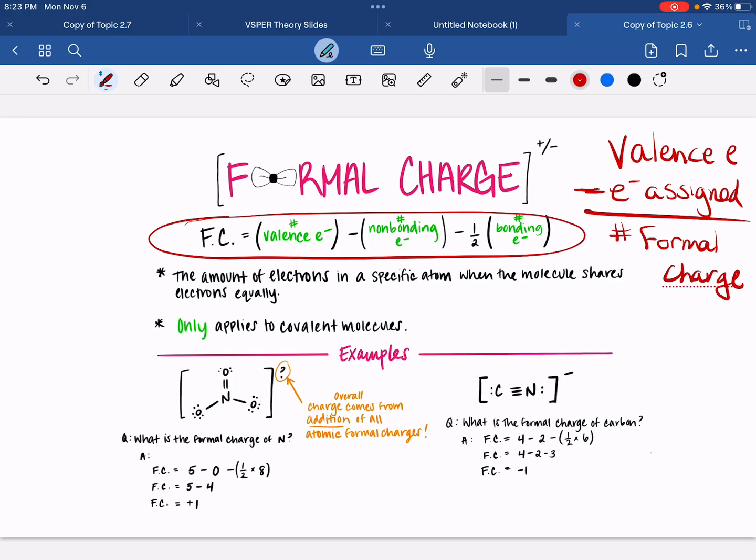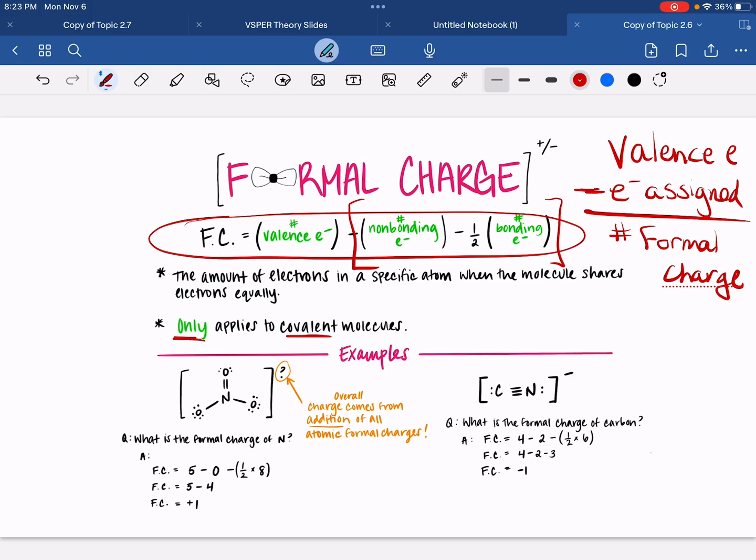The electrons assigned are these electrons. Lone pairs are assigned totally to the atom, and they share any bonding electrons. So it's the amount of electrons in a specific atom when the molecule shares the electrons equally. This only applies to covalent molecules.